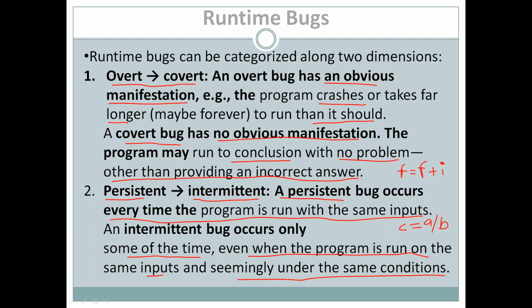And as it suggests, a persistent bug, which occurs every time with the same input, is very easy to detect and very easy to debug in the program. But if your program has an intermittent bug, it is very hard to detect, because these bugs are not occurring every time.